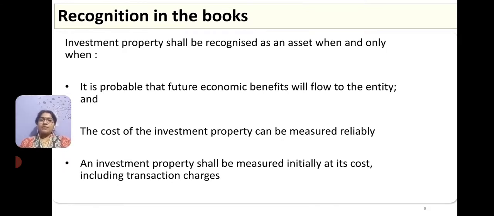An investment property shall be measured initially at its cost, including the transaction charges. Then you recognize it in the books of accounts.